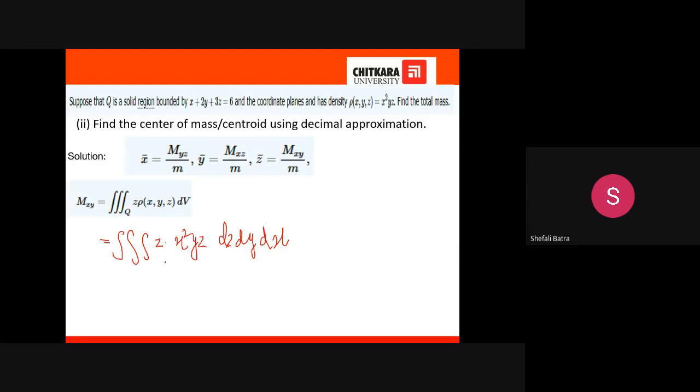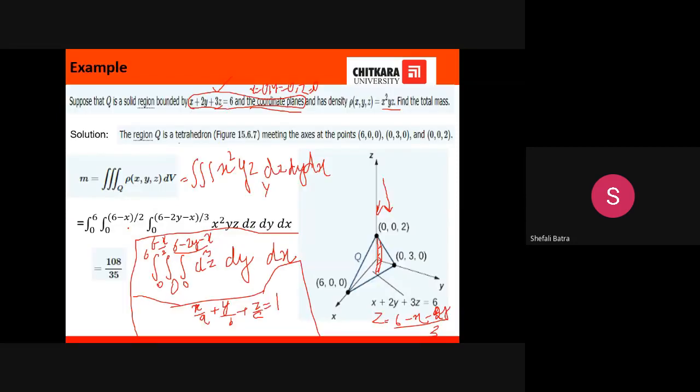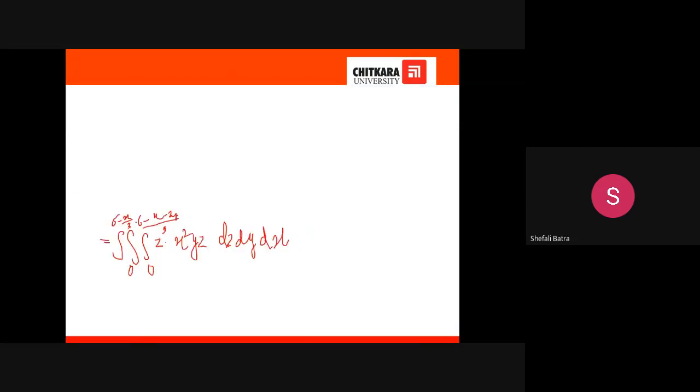Same as in the previous question. 0 to 6 minus x minus 2y upon 3. And for y, it is 0 to 6 minus x upon 2. And the limit of x is 0 to 6. Simple.